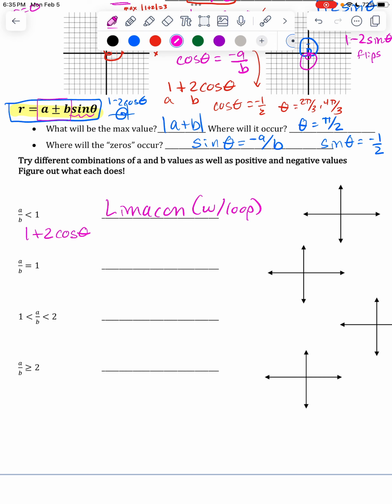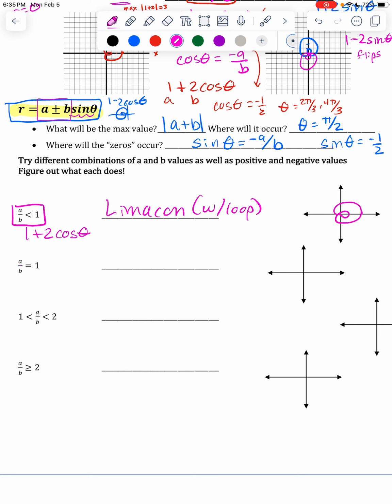So it ended up going out to the side, whatever your a was, and then looping around. That's terrible. Let me try that again. Okay, so this is going to come out here and loop around in here. That happens when this is the situation.